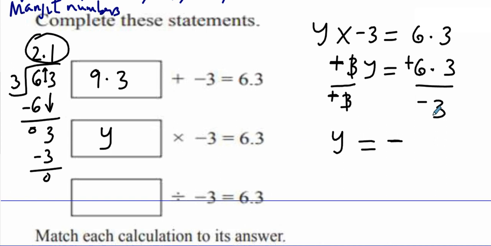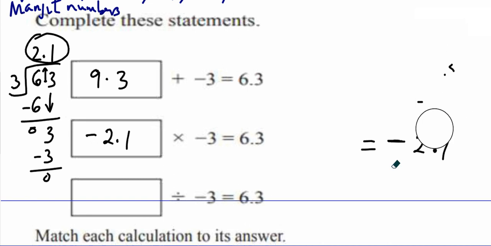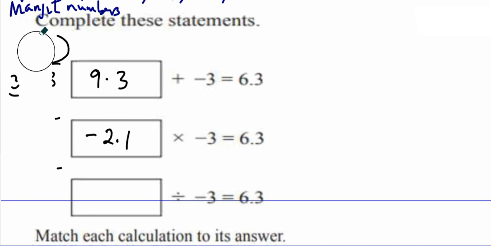It means that positive 6.3 divided by -3, the answer is negative 2.1. So over here, we write negative 2.1. You can pause the video and try the next question. But if you don't mind, let us proceed and work out the next missing number.